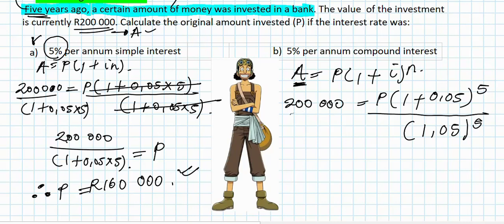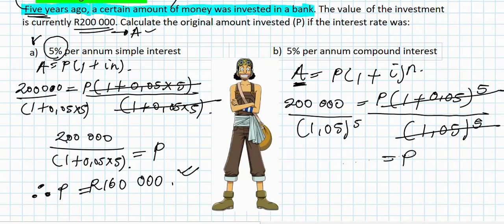And then what I do on the right hand side, I also do on the left hand side. So here I also divide by the same bracket. So this bracket now will cancel the bracket above, which means I'll be left with P being 200,000 all over 1.05 all raised to 5. Therefore, the symbol means therefore, guys, it's 3 dots.